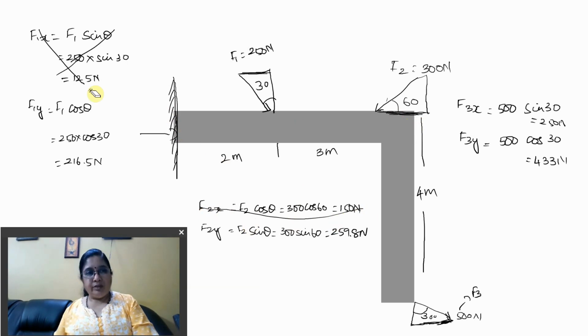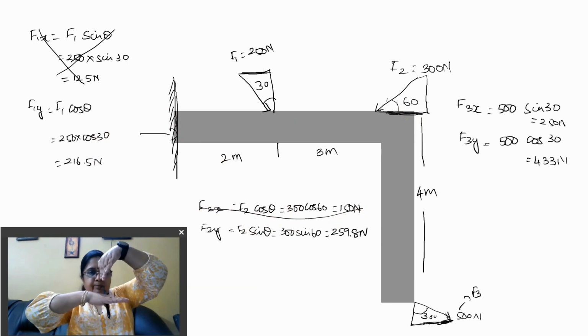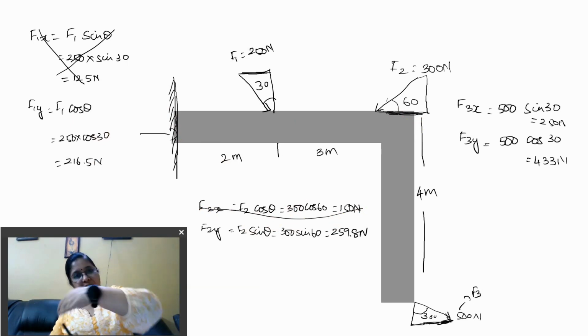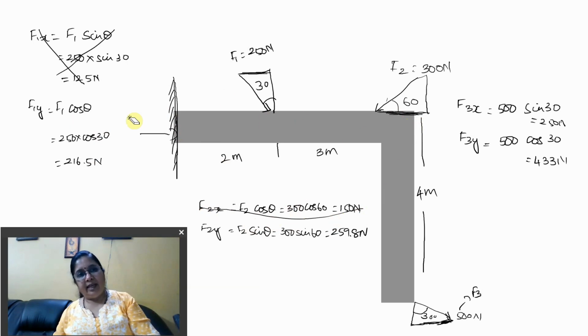Okay. So, how is your F1y going to act? So, this is my bar. The force is pushing it down. See, it is pushing it down. So, what does it do? It is creating a moment along the clockwise direction. So, moment of F1 is equal to 216.5 into, what is this distance? 2 meter.